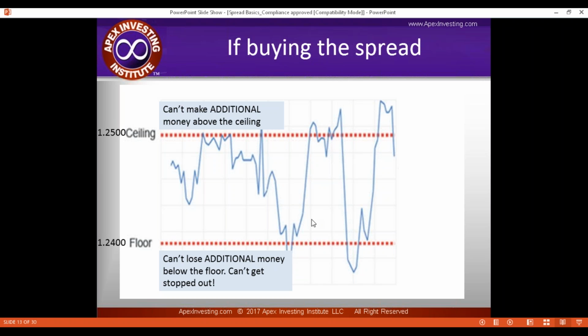All right, I think I was wrong. I think the market reversed on me. Do I have to just sit there and watch it go all the way down to the floor and lose the whole 50? Or I'm like, okay, I bought at 50, it's coming down, it's at 40, it's at 30, now it's at 25. Okay, I'm just going to get out now.